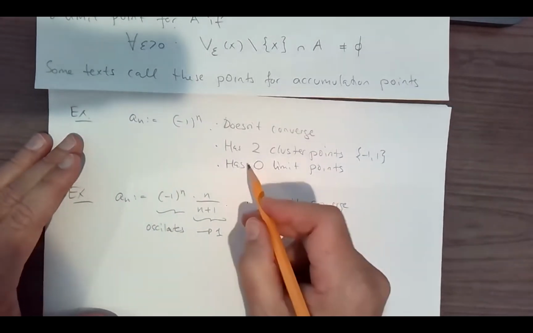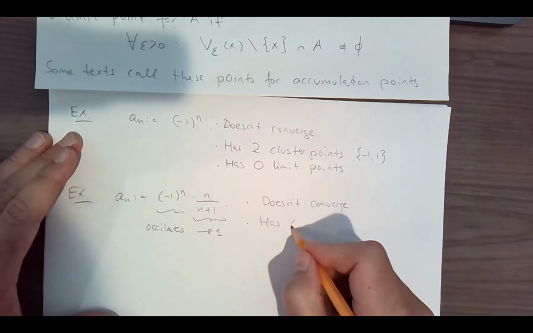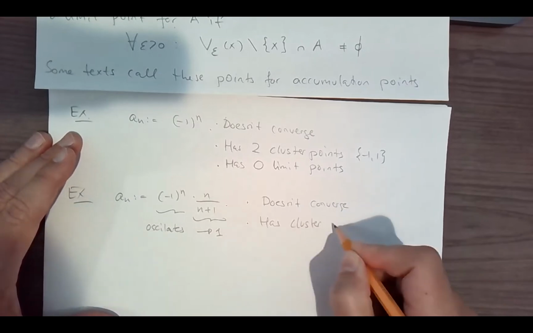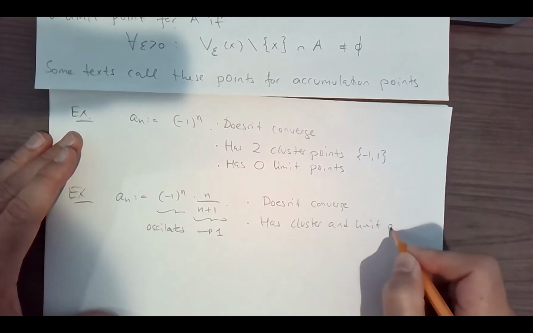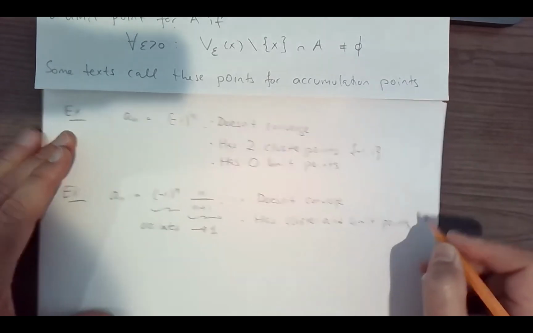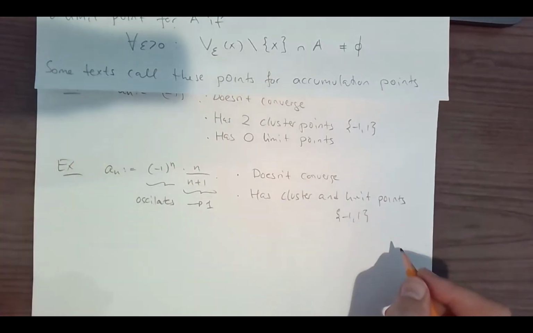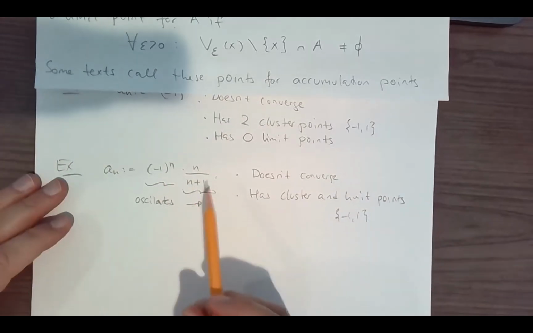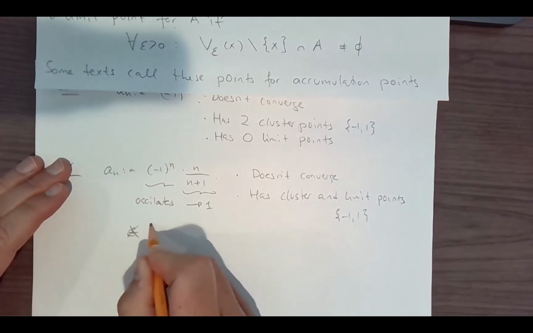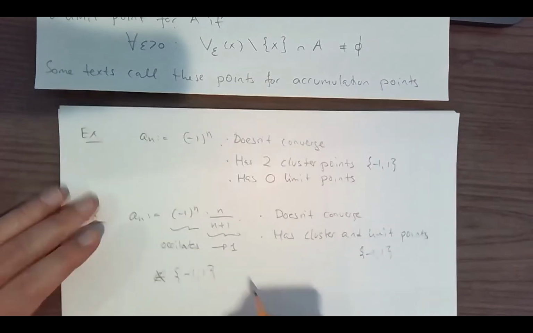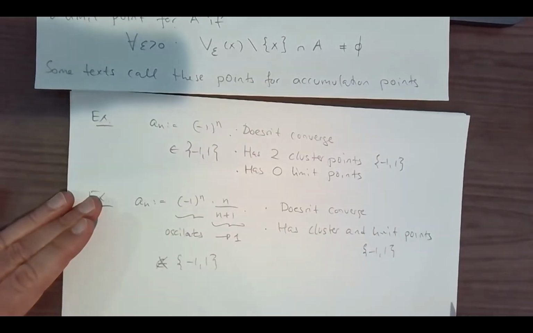It doesn't converge, and it has cluster and limit points, -1 and 1. This sequence never becomes equal to this one here, it is always not inside -1 and 1, whereas this one is exactly the opposite: it is inside that set all the time.